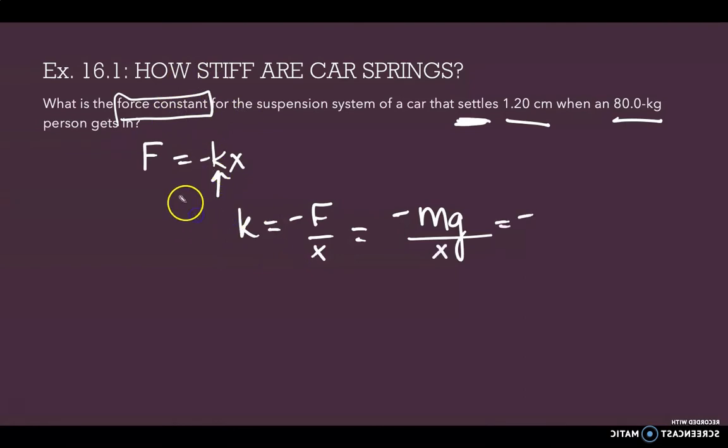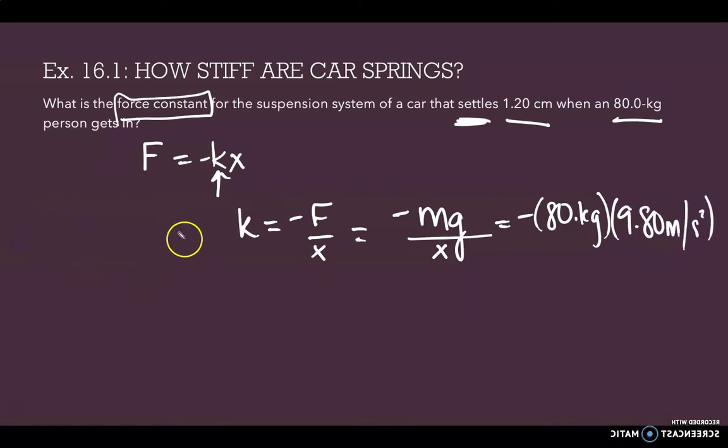So if we plug this stuff in, we get a negative 80 kilograms times our 9.8 meters per second squared, divided by x, which is going to be negative, and this is in centimeters, so we need to convert that to meters, okay? So if we want to do that, we can say 1.2 centimeters. How many centimeters in a meter? 100.